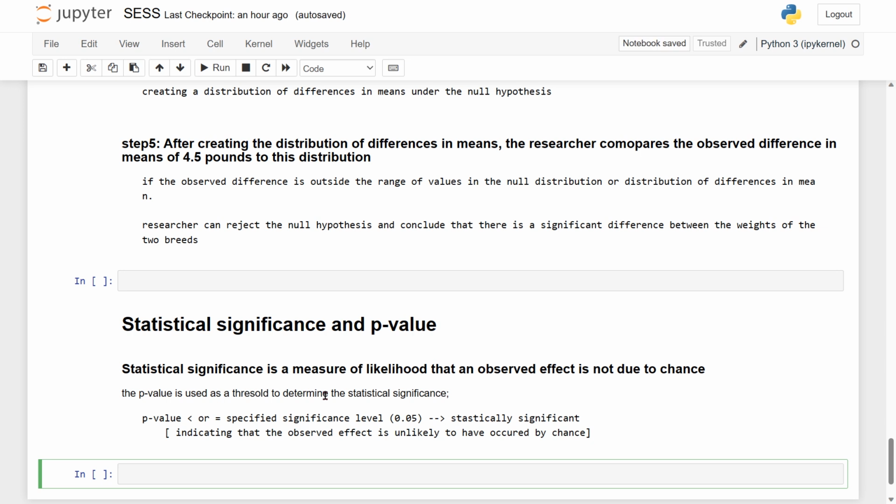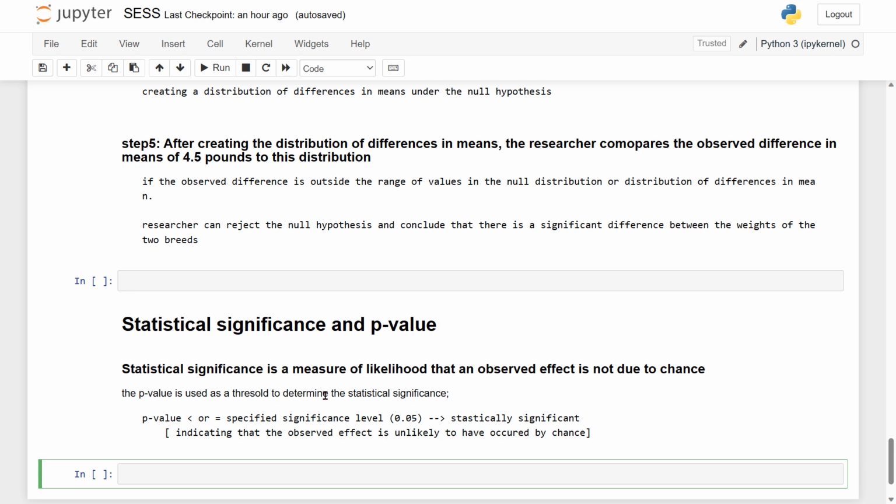Finally, it's important to remember that statistical significance is not a guarantee of truth. Very, very important point to be noted. Statistical significance is not a guarantee of truth or accuracy. It's simply a measure of the likelihood of obtaining a result as extreme as or more extreme than the observed result, assuming the null hypothesis is true.